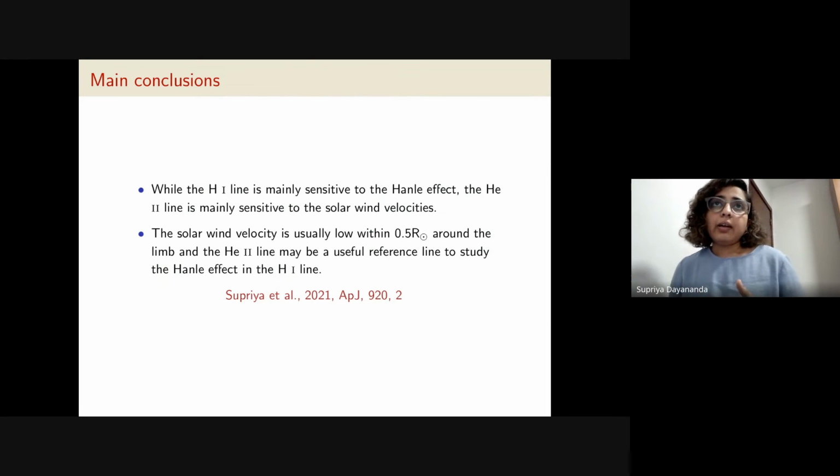Or if there are velocity field effects, taking advantage of forward modeling, you can account for those velocity fields and still use the helium line as a reference line to get magnetic field information from the polarized signals in the hydrogen Lyman alpha line.